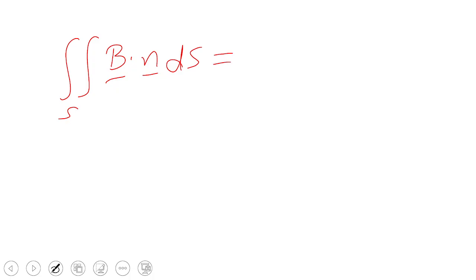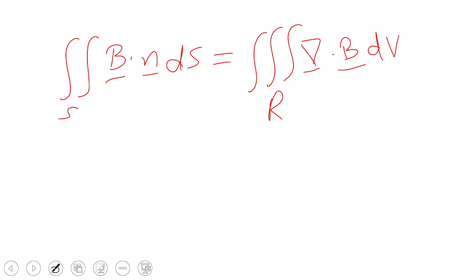We can write it as the double integral over the surface of the closed region of B dot n ds, where ds is the surface areal increment, is equal to the triple integral over the region of divergence of B dv. This is the Gauss divergence theorem.